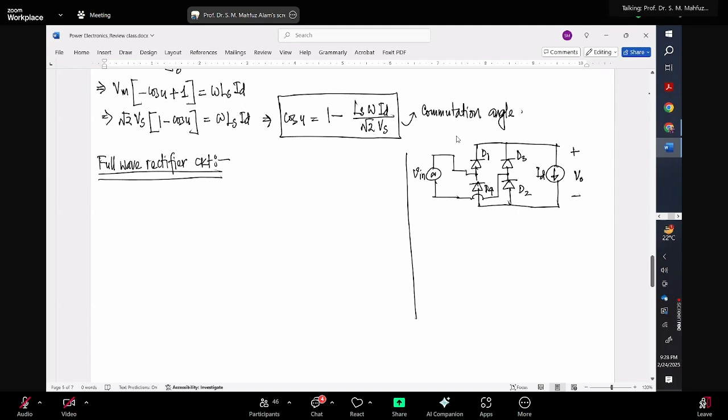So this circuit can actually be represented by your input voltage like this, and then it should have a diode D1 going to the current source Id.